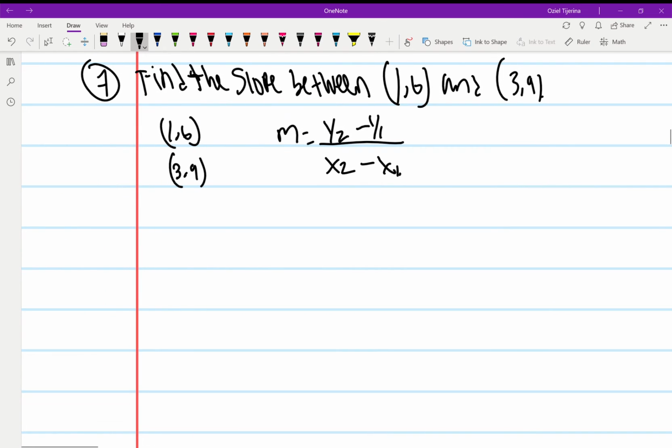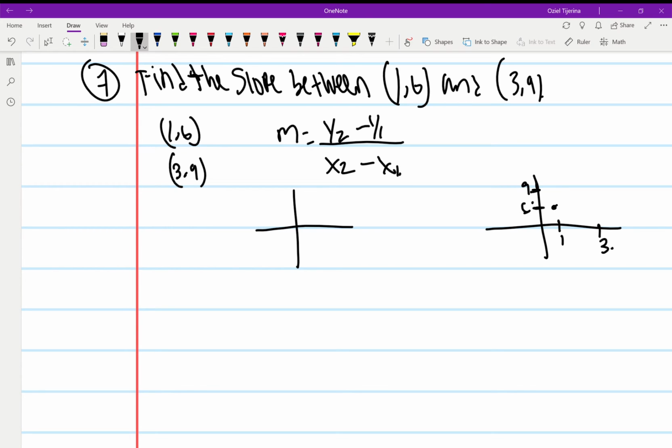Or you could also do it by, I'm trying to think what other way. So you can do it by using a table. So if you know what your first x would be, so if you do like a little graph and you do your 1 is right here and then your 3 is right here, let's say your 6 is right here and then your 9 is right here.